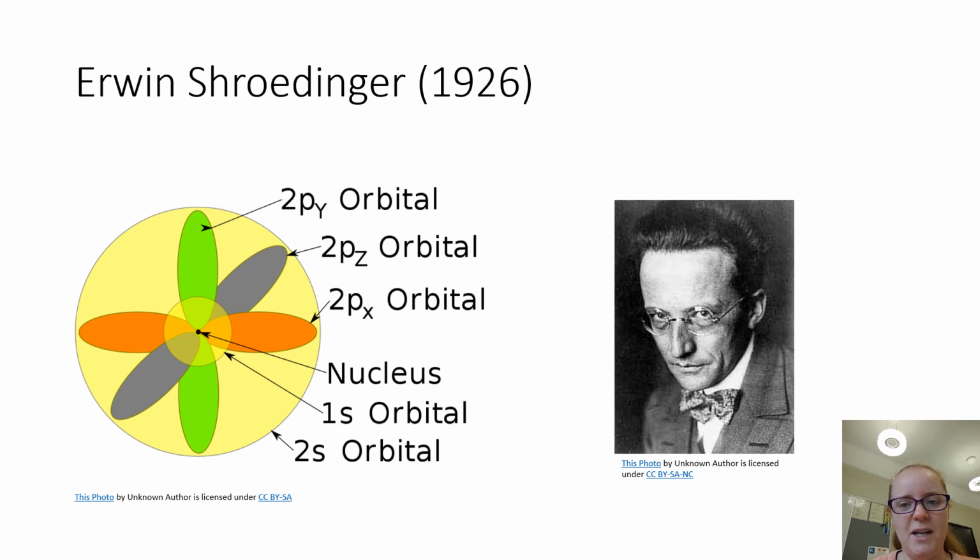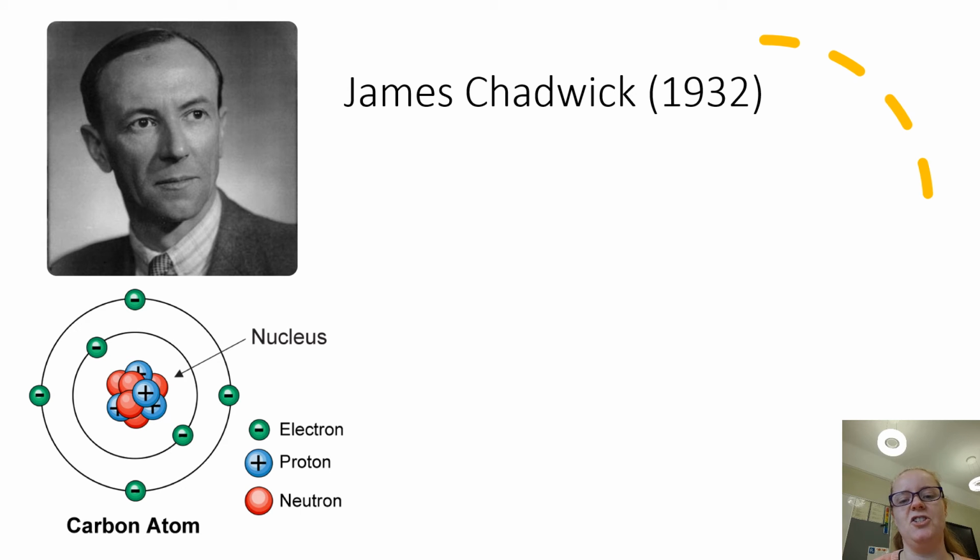In fact, Erwin Schrödinger's model is the most readily accepted one, but it's the quantum model and is very complicated. So the planetary model combined with discoveries of Chadwick is what we actually study in GCSE level courses.